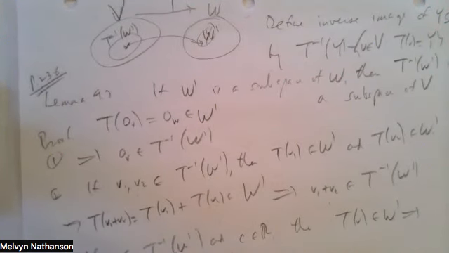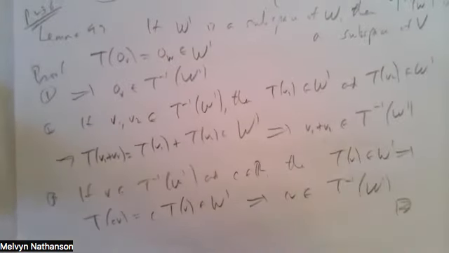But C times T of V is T of CV. So CV is in the inverse image of W prime. And that's the third and last thing I needed to check, that the inverse image is closed under scalar multiplication. I just showed it is closed under vector addition. It contains the 0 vector, so it's a subspace.